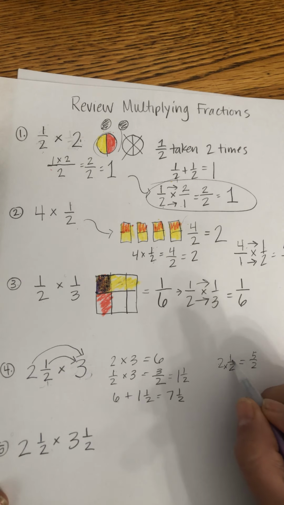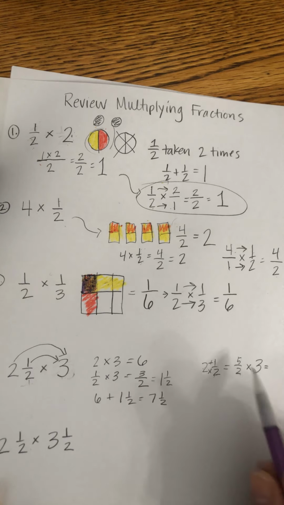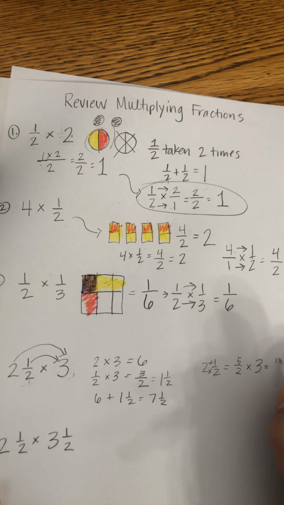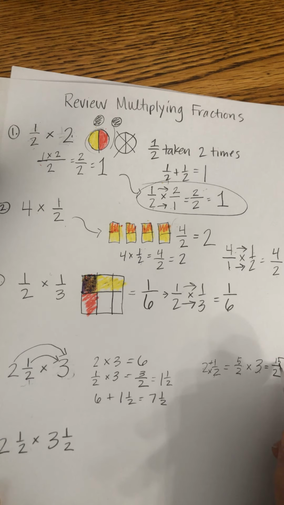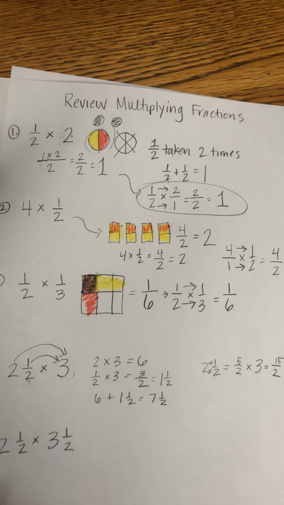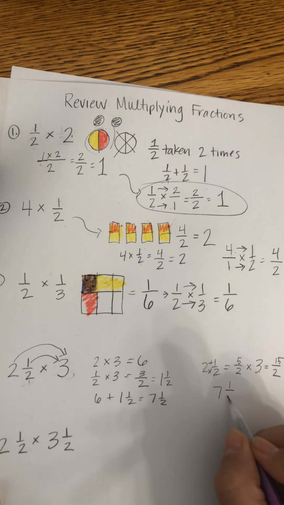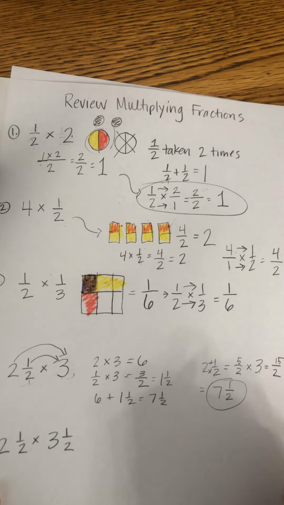Add the numerator, plus 1 equals 5, and put it over the denominator, yes? And then multiply that times 3. And remember, if you paid attention up here, you're just gonna multiply the numerator times the whole number. So 5 times 3 is 15. Put it over the denominator. And then to simplify that, divide 15 by 2, which equals 7. And there's 1 left over, so that turns into your numerator over the old denominator.